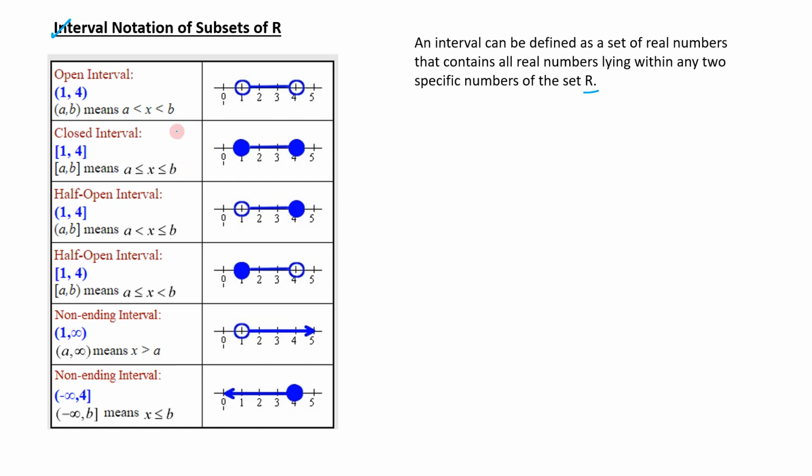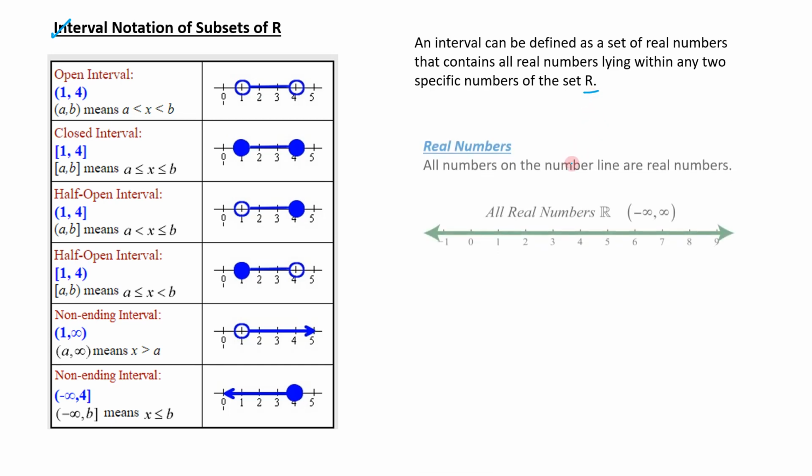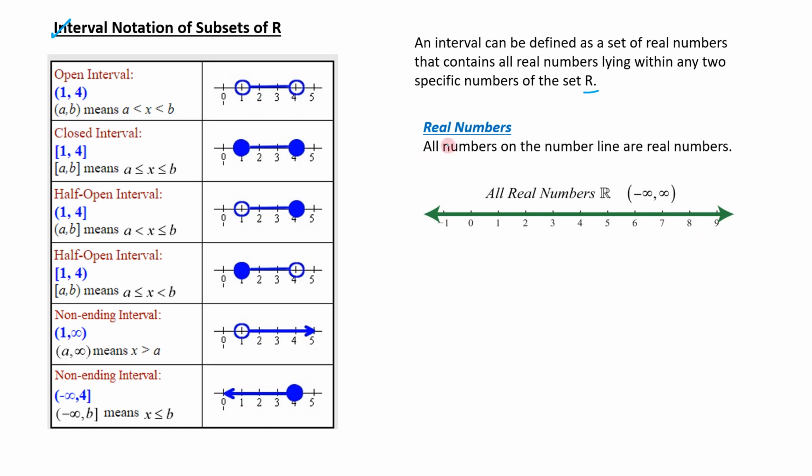In order to completely understand this concept, let us first of all try to understand what real numbers are. Real numbers are defined as all the numbers on the number line. So those numbers which are there on the number line are real numbers.